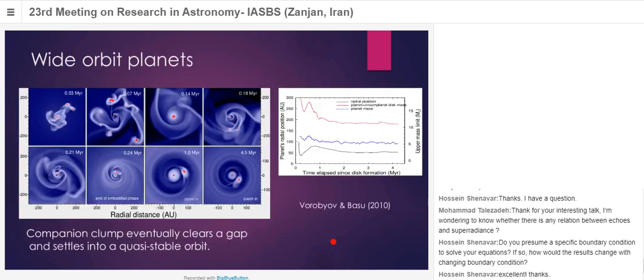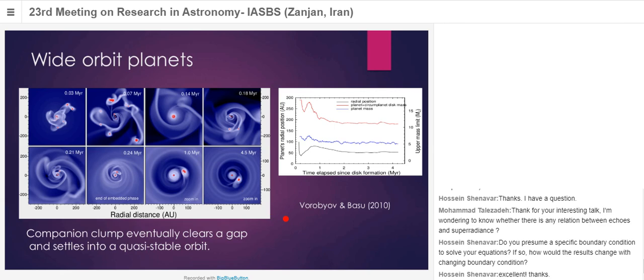So now some simulations, a sequence of images. This is a long-term evolution from 0.03 million years after the protostar forms to 4.5 million years. And in this simulation, remember that more or less every simulation is a little bit different.